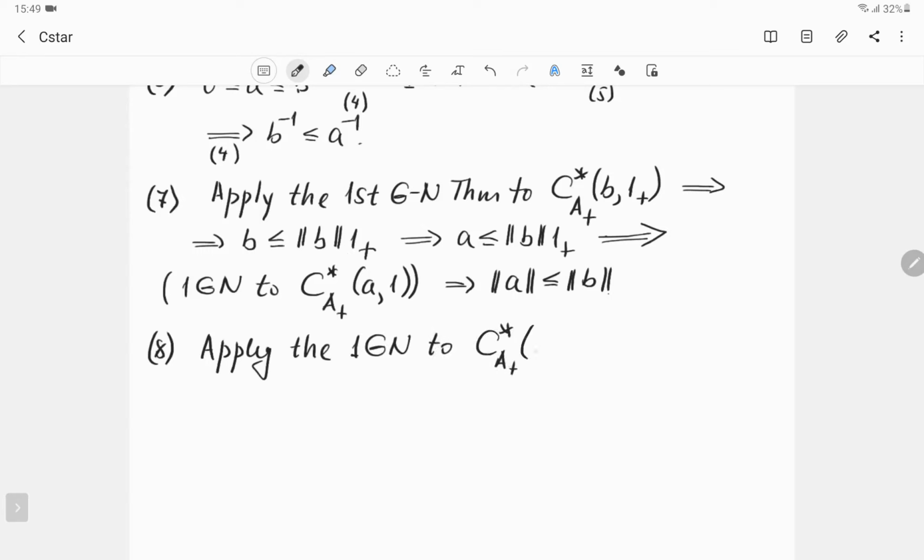Okay, so before we define approximate identities, let's discuss some basic facts from general topology. So suppose we have a partially ordered set, lambda.